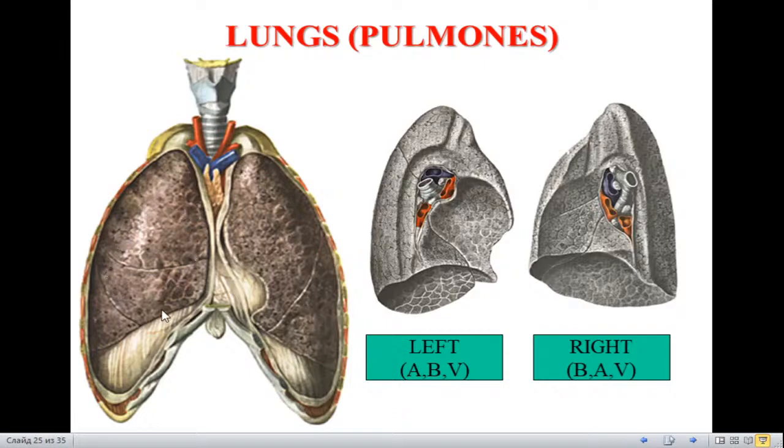The right lung has three lobes. These lobes are separated by fissures. In the left lung there is only an oblique fissure. In the right lung there are oblique and horizontal fissures. That's why the right lung is somewhat bigger than the left lung, because of the heart.